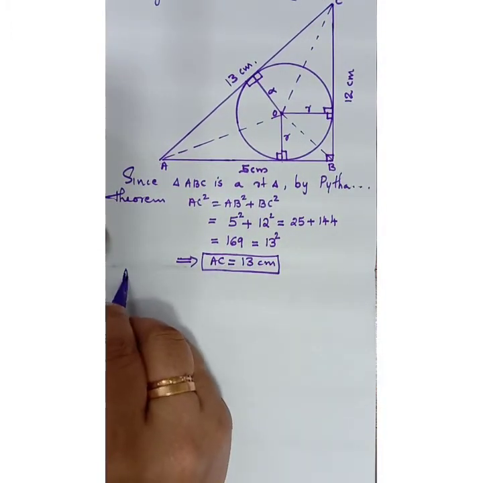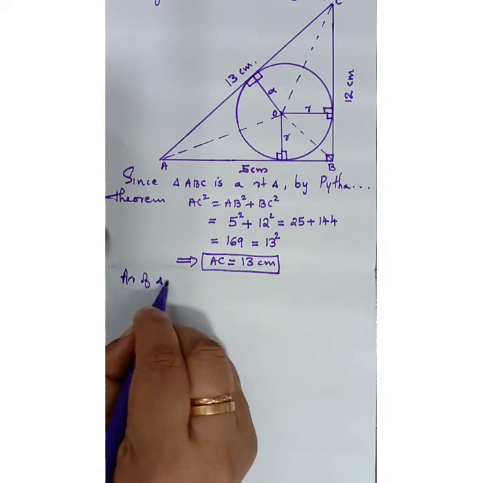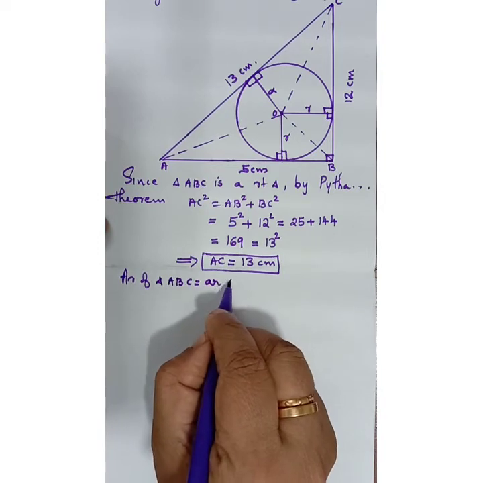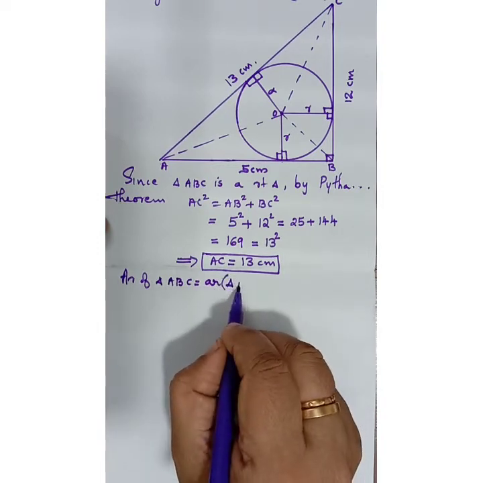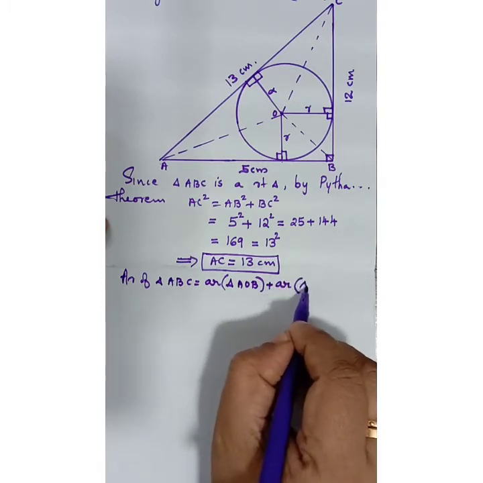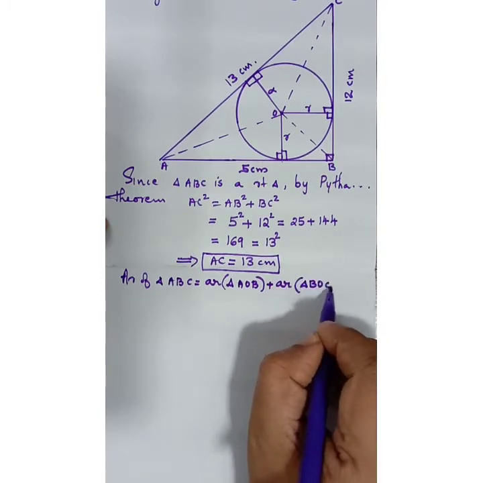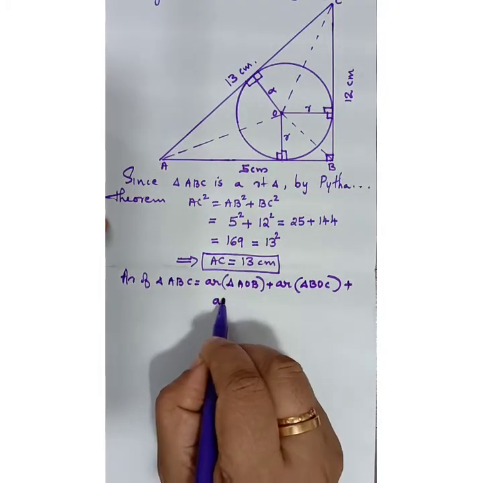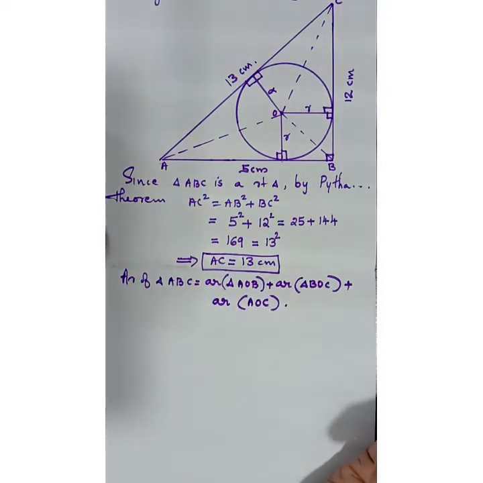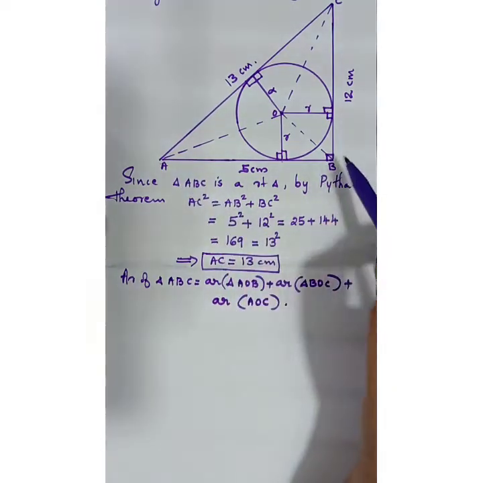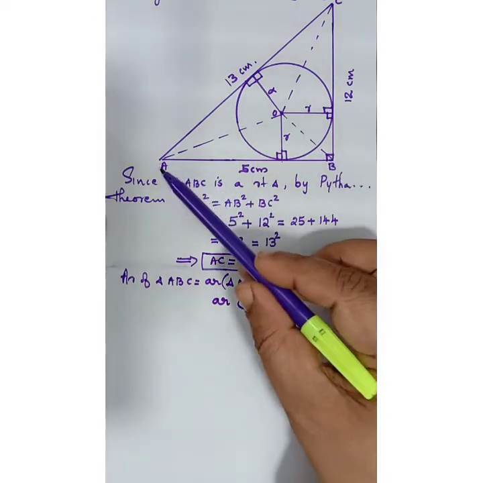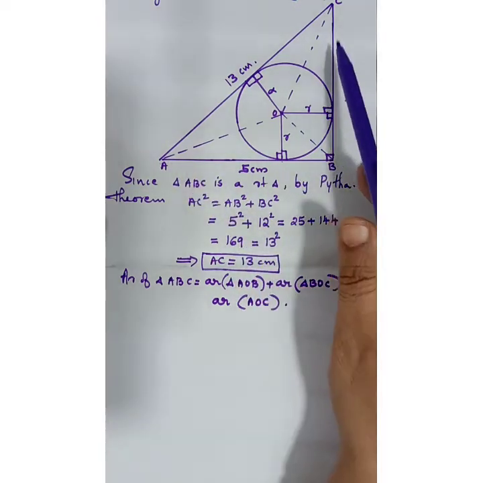That is, area of triangle ABC equal to area of triangle AOB plus area of triangle BOC plus area of triangle AOC. The area of triangle ABC is very simple. It is half base into height because it's a right triangle: half into base 5 into height 12.